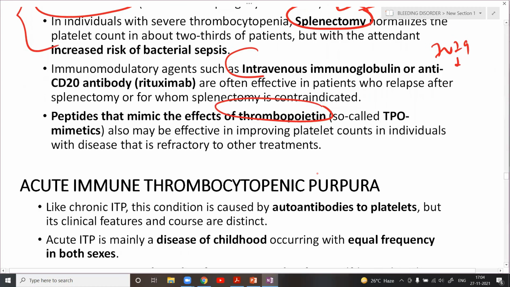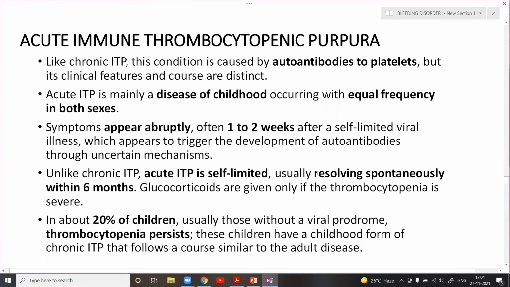Now the last leg of today's lecture: what is acute ITP, or acute immune thrombocytopenic purpura? What is the basic thing? One basic thing remains clear over here, that it is caused by autoantibodies against the platelets. But what is different, as the term suggests, is that chronic was more gradual, this is more acute.